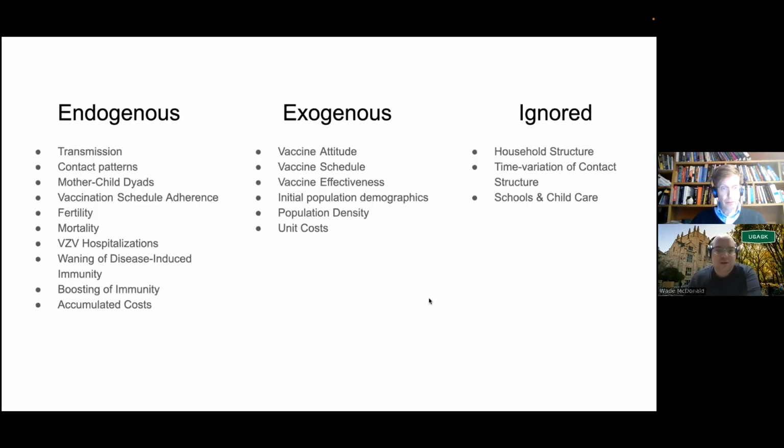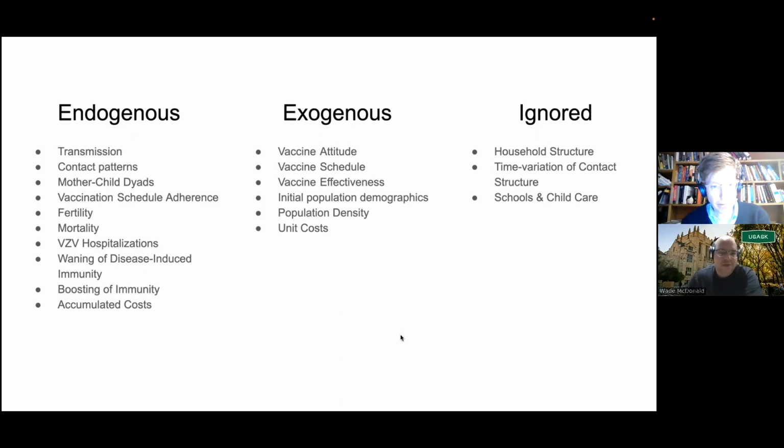In this model, as with all models, we have some features that are endogenous to the model, some are exogenous and specified by the modelers, and some are ignored as simplifying assumptions in order to construct the model.